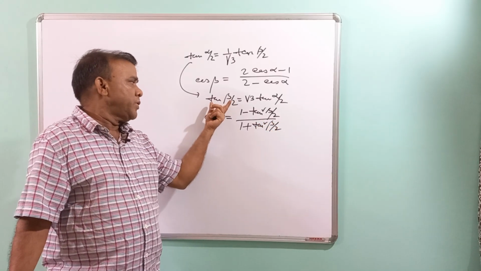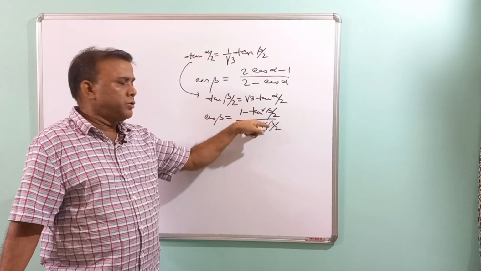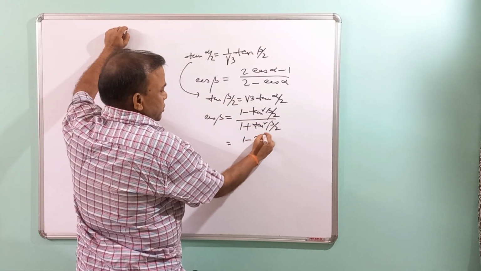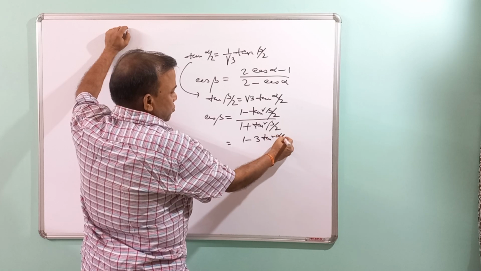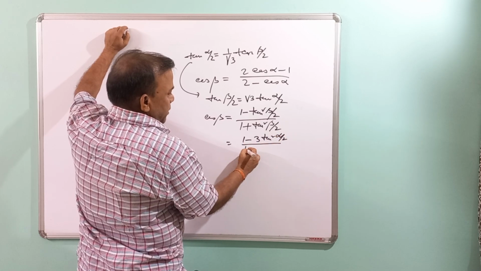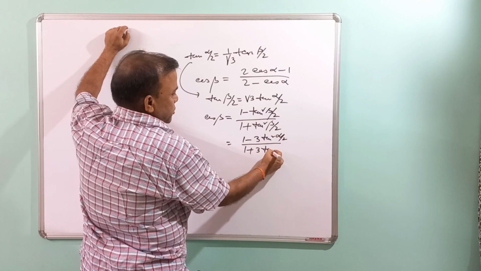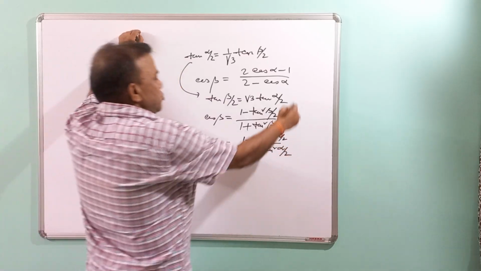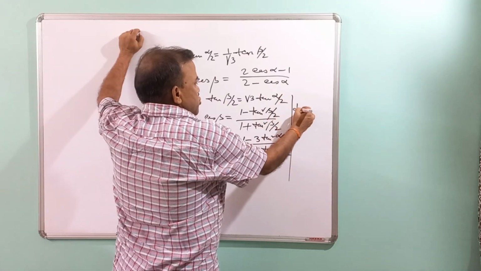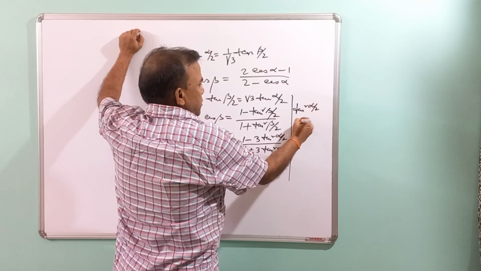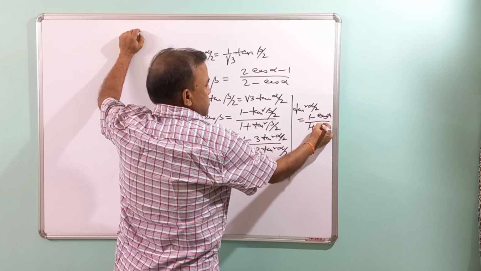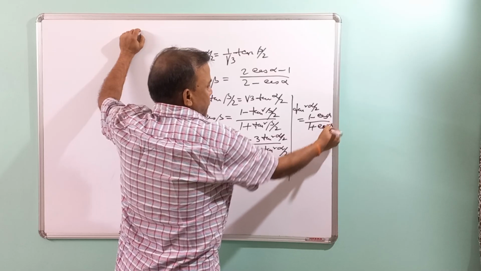Now putting the value of tan beta by 2 into this one, we get 1 minus 3 tan square alpha by 2 divided by 1 plus 3 tan square alpha by 2. As we know that tan square alpha by 2 is equal to 1 minus cos alpha by 1 plus cos alpha.